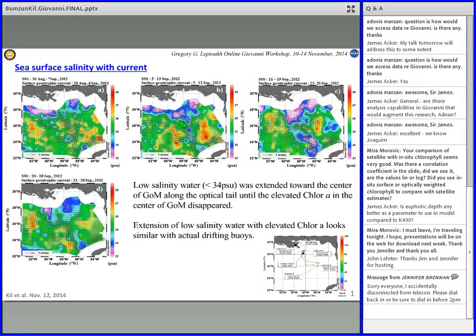So it is very significant, because we can not only compare chlorophyll A with the geostrophic current, but also with the sea surface salinity from this L-band radiometer. It's a very useful measurement.